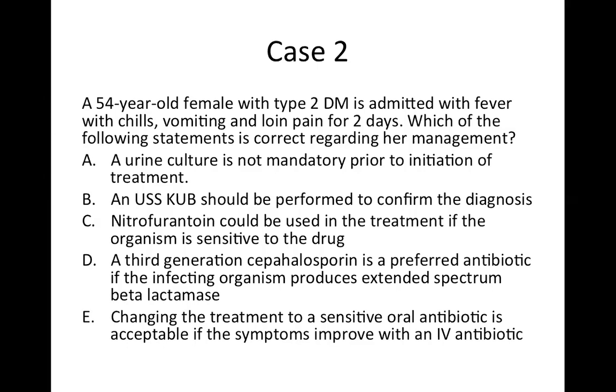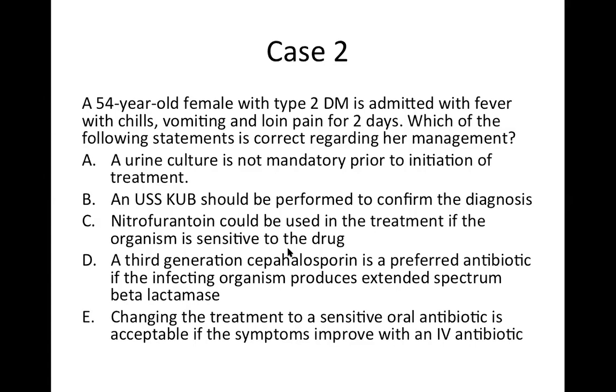However, there's another clause saying that if the infective organism produces extended spectrum beta-lactamase. Beta-lactamase is an enzyme that is produced by some bacteria, and what happens is the beta-lactam antibiotics don't work because the beta-lactamase can destroy the beta-lactam ring.